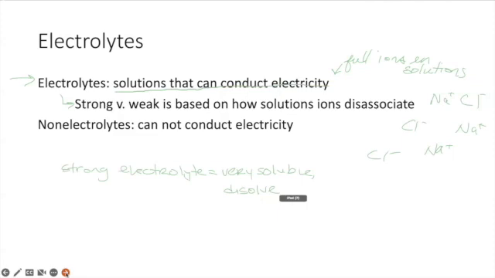Whereas weak electrolytes still have ions in solution, still have the ability to conduct electricity, but they're not very soluble.